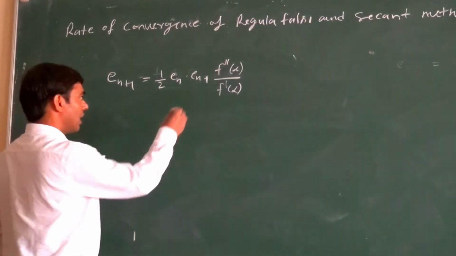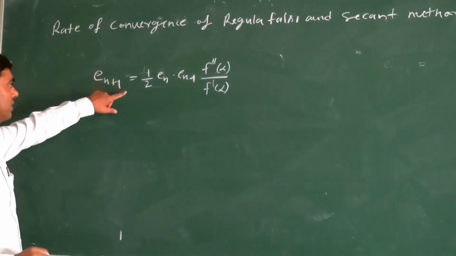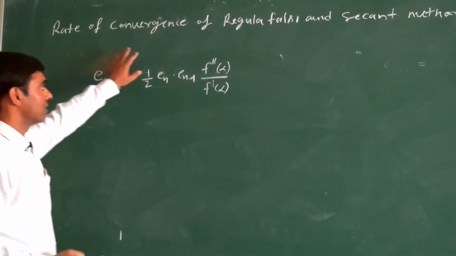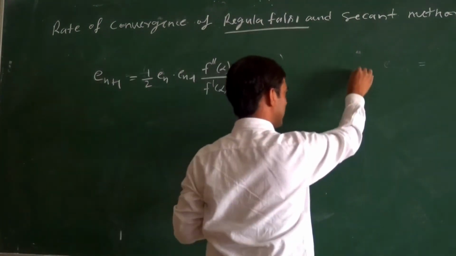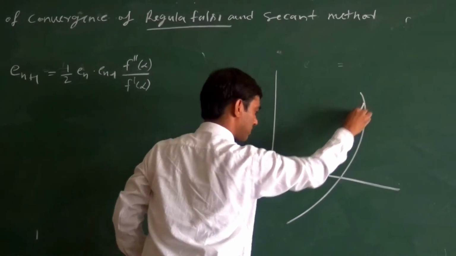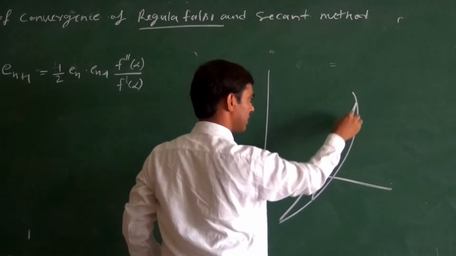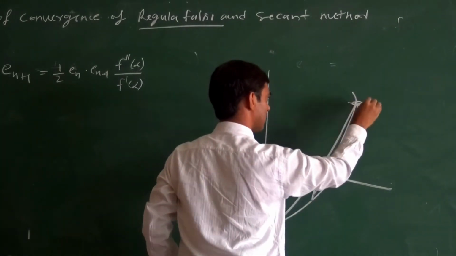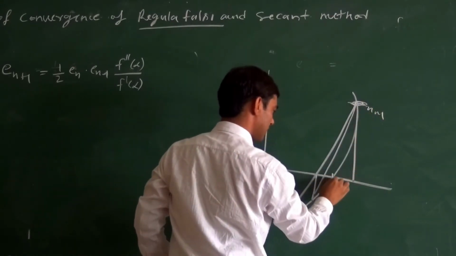So, as at the start of this lecture, we defined that in the Regula Falsi method, one end is fixed. Only one end is fixed. Suppose this one is x_n minus 1 and this one is alpha.